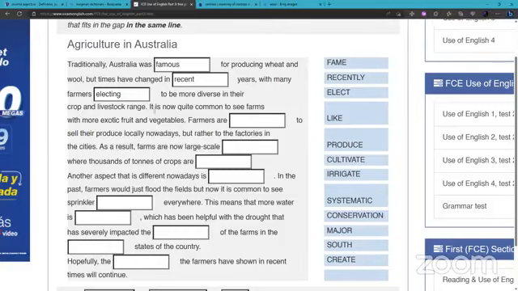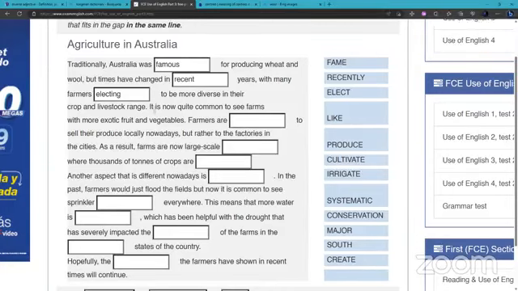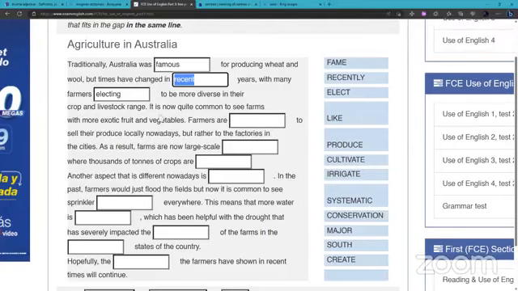How did you get to the answer? With your question. What has happened with the farmers recently? Recently. Right? So the word recent helps you in this case. Okay.